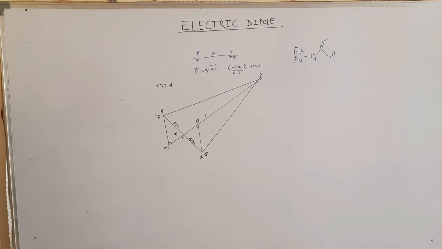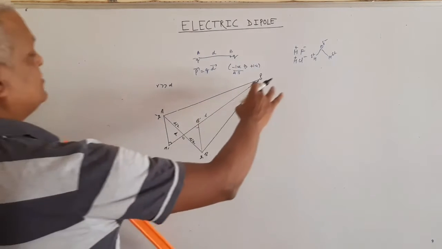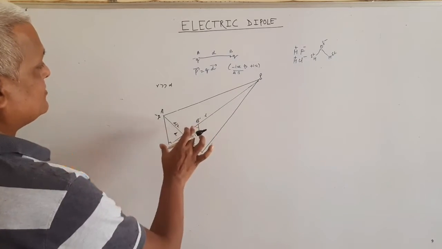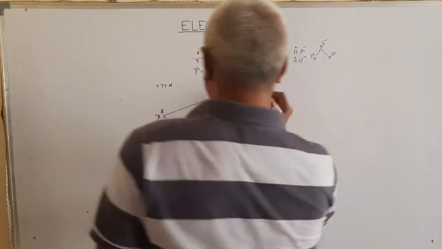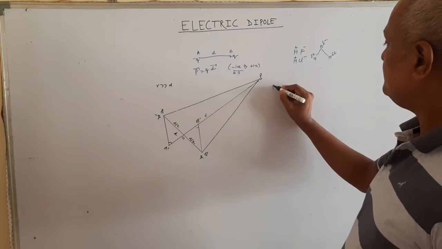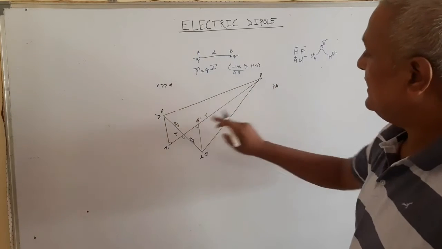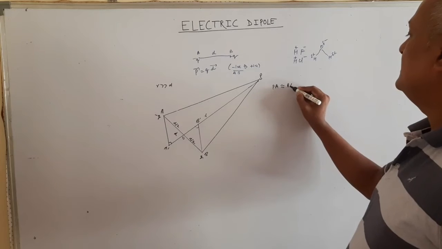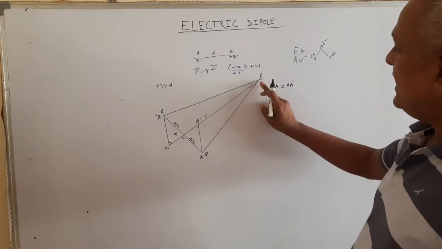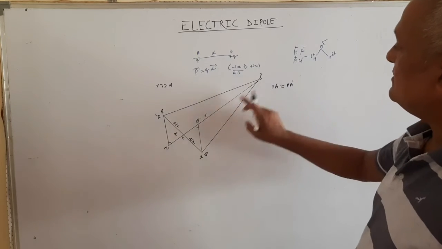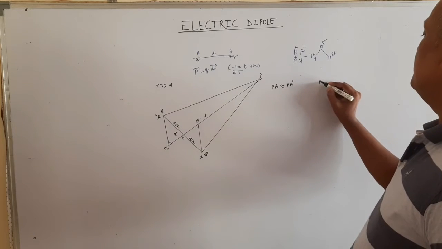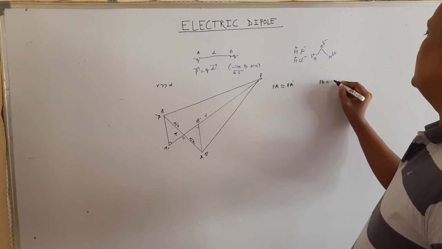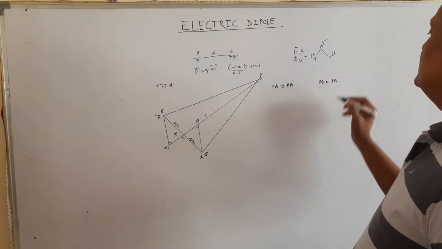Since this distance is so far and this is just a tiny diagram, we can take PA as PA dash, and PB as PB dash.